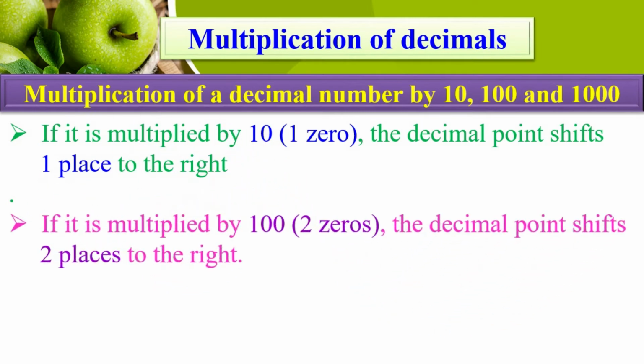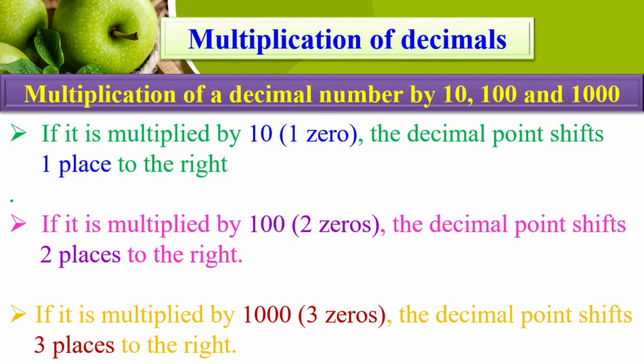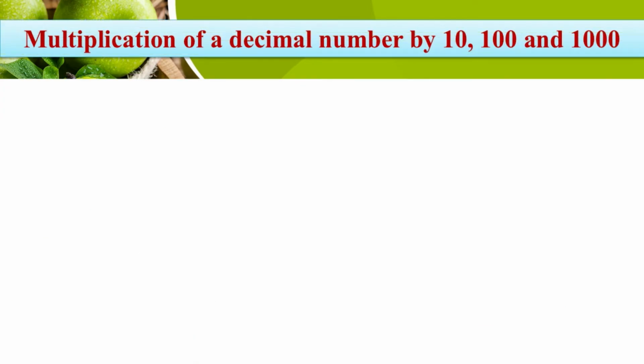If it is multiplied by 100, that is 2 zeros, the decimal point shifts 2 places to the right. If it is multiplied by 1000, 3 zeros, the decimal point shifts 3 places to the right.